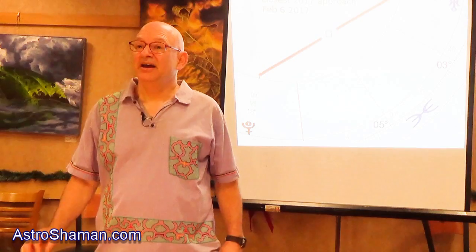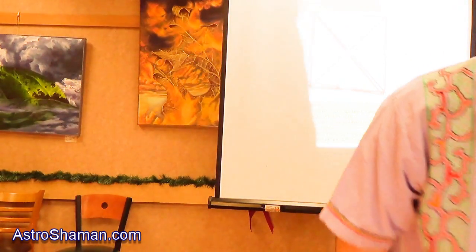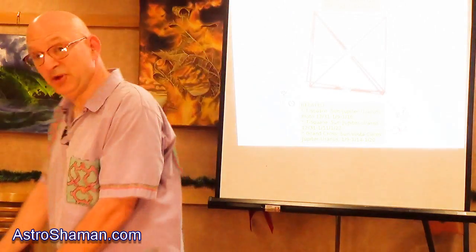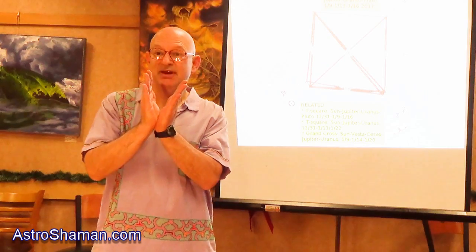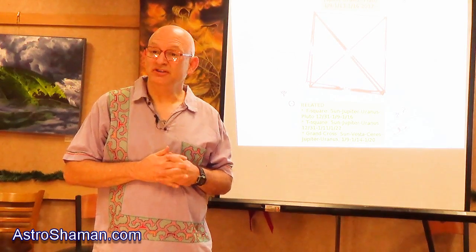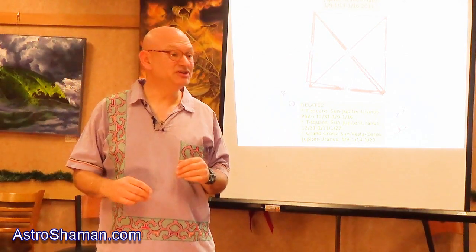So let's begin. What I'd like to start with tonight is some overview comments. First, I want to mention the orbs I'm using. If you don't know what an orb is, it's how exact the aspect is. Starting this year, I'm using wider orbs for mundane events. Mundane in astrology means it relates to the world at large and not just an individual.